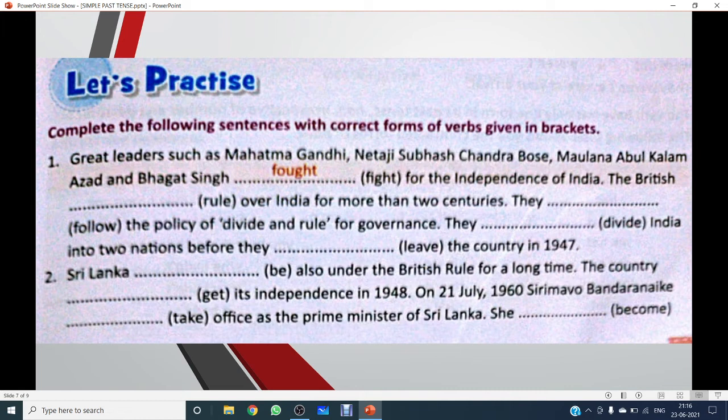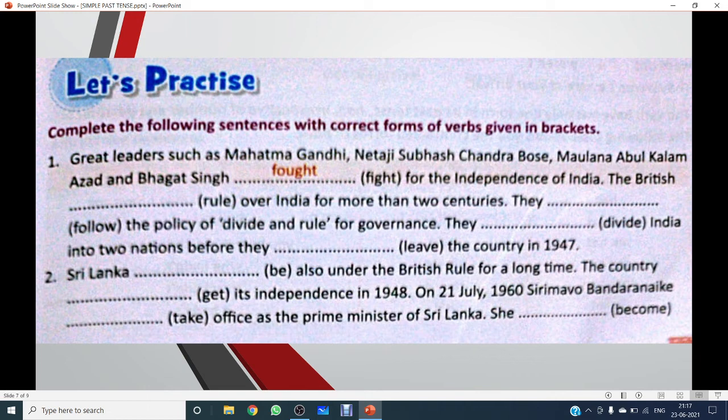Sri Lanka was also under the British rule for a long time. The country got its independence in 1948. On 21st July 1960, Sri Mavo Bandaranaike took office as the Prime Minister of Sri Lanka.